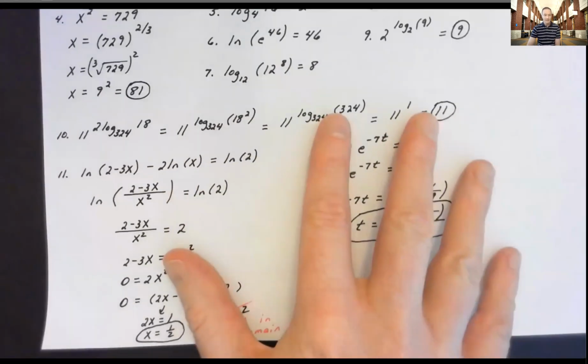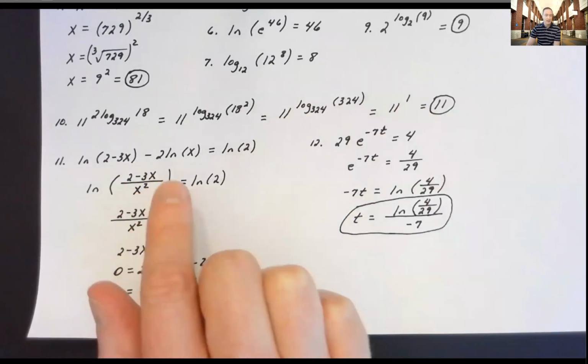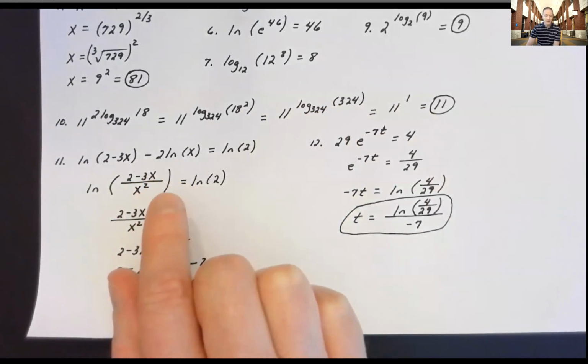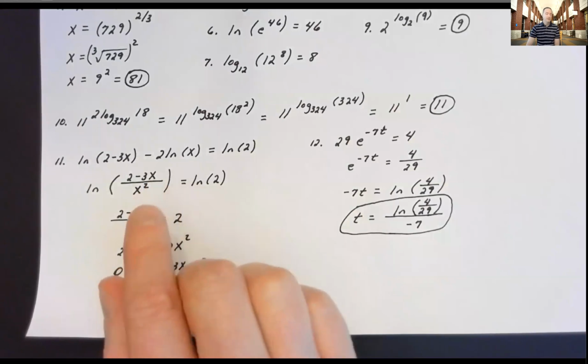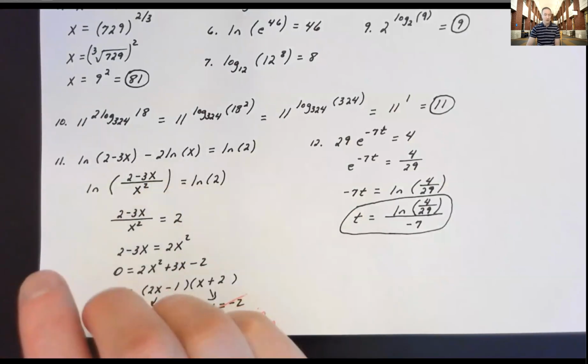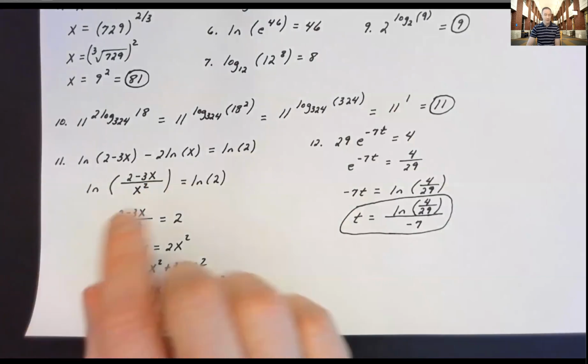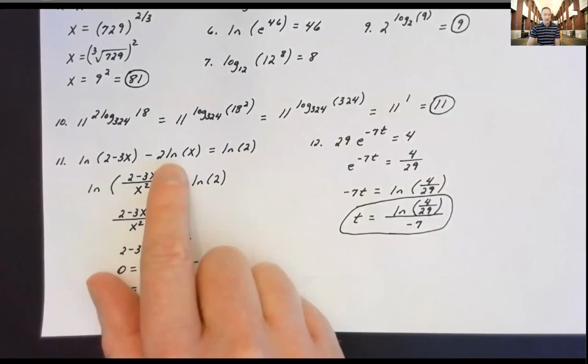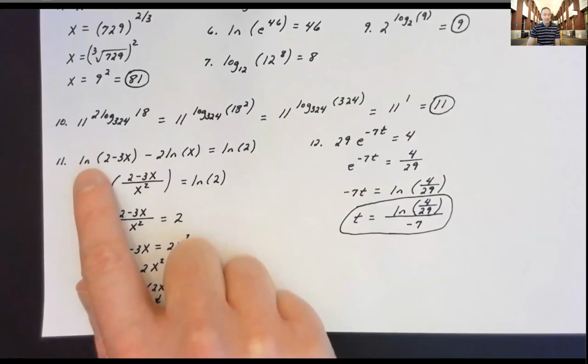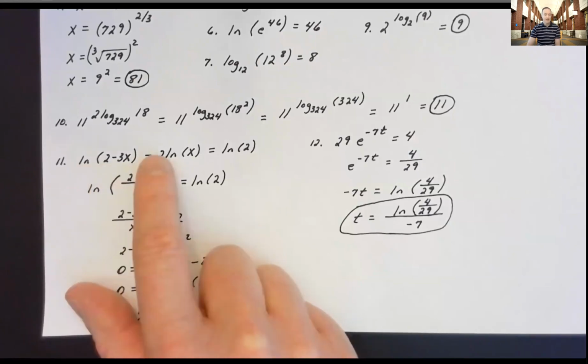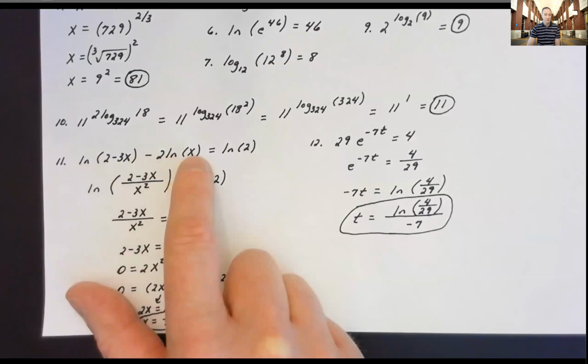Then after that, you got into equations that you had to simplify. So 11 is going to give you an equation with natural logs. What you need to remember is to condense down as far as you can on each side. Condensed mine on the left-hand side, the natural log of 2 minus 3x minus 2 natural log of x.